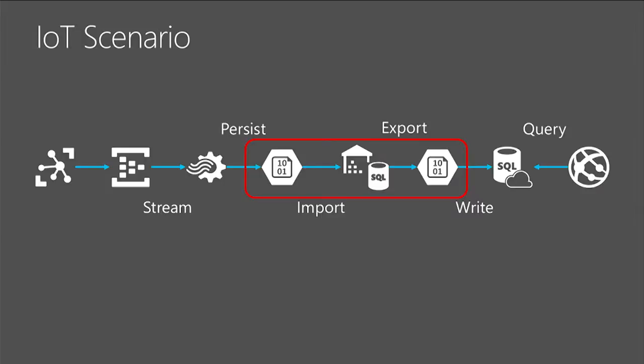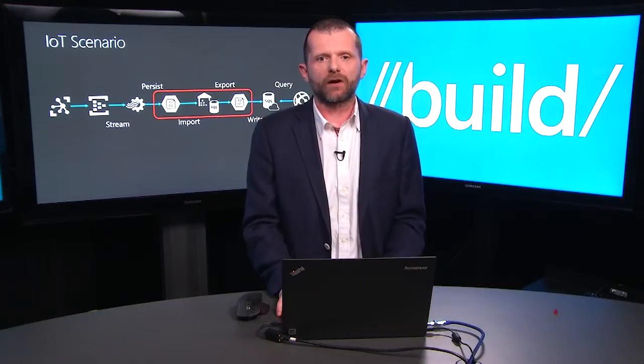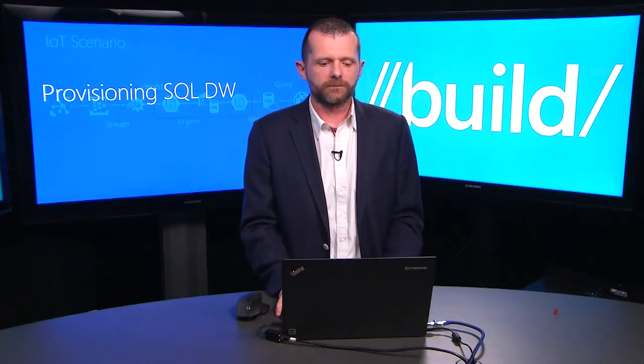For the rest of this talk, we're going to focus on this middle section that involves Azure SQL Data Warehouse, so we can understand how best to set ourselves up and create our tables to make the most of our solution.